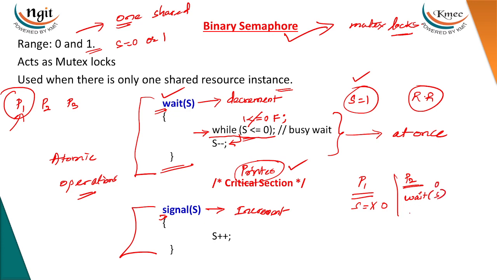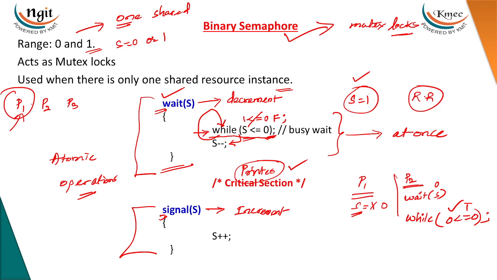If you check here, while 0 less than or equal to 0, yes, true. So there are no statements to execute. The while loop will execute again and again, continuously, until this s value becomes 1.